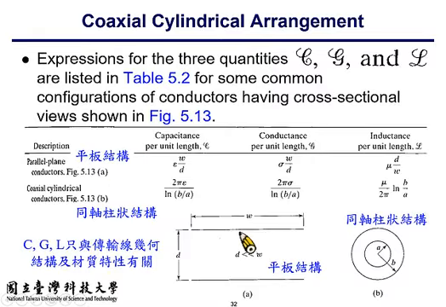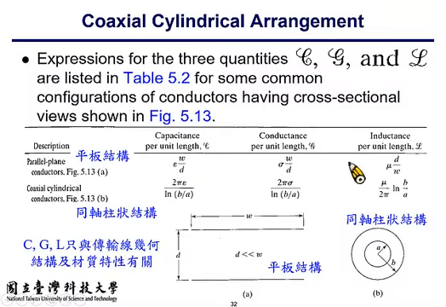The parallel plate is characterized by its width W and the separation D between the two plates, under the condition that D is much smaller than W. As long as the height of the two parallel plates is much smaller than the width, the per unit length capacitance is epsilon times W over D, and the conductance is sigma times W over D. So you can see the same geometric relationship for conductance and capacitance.